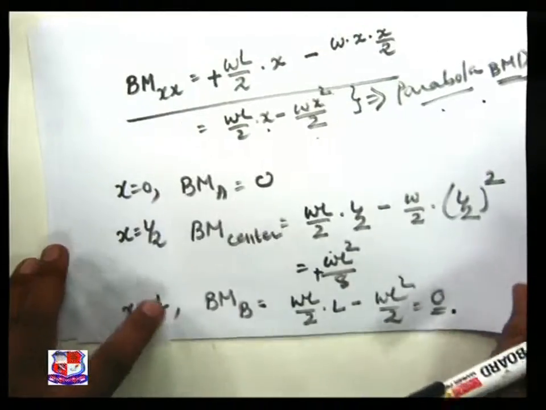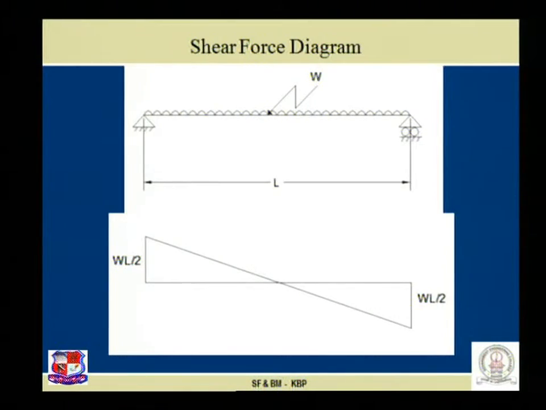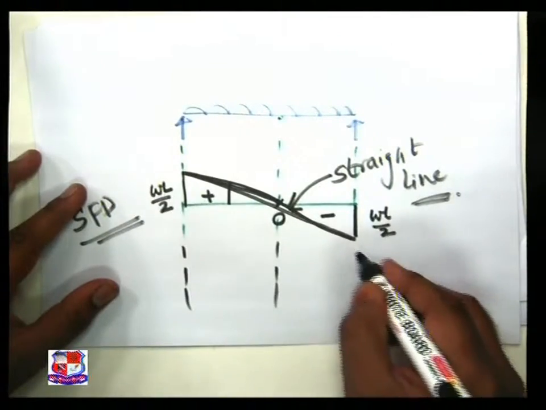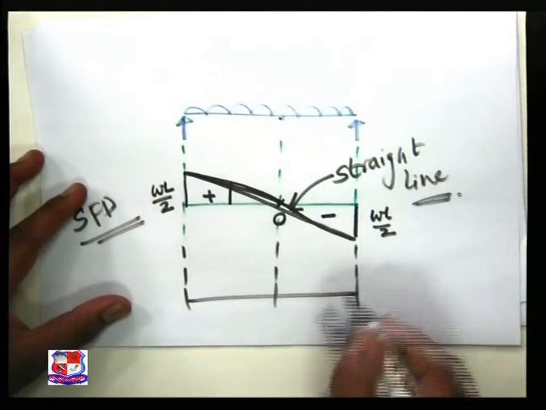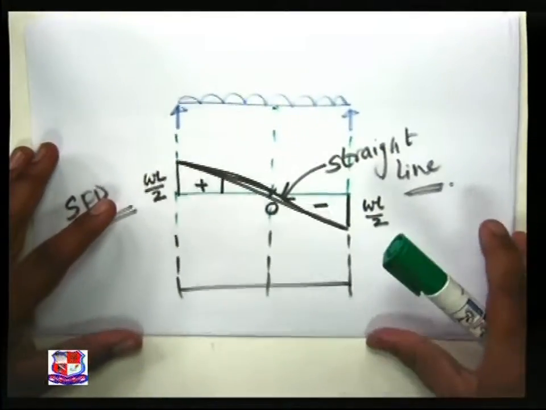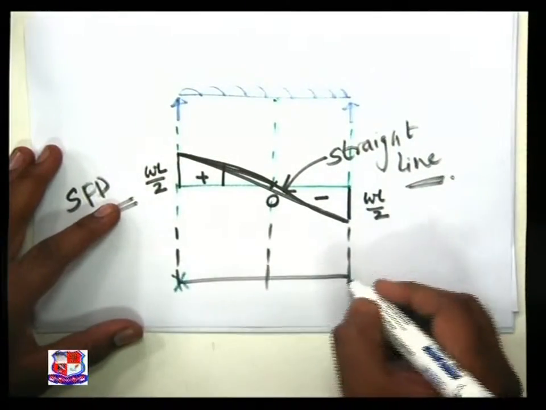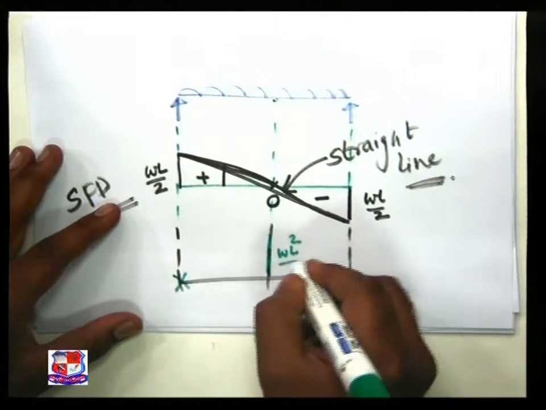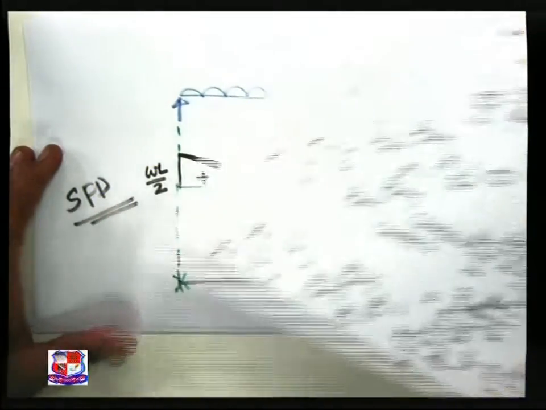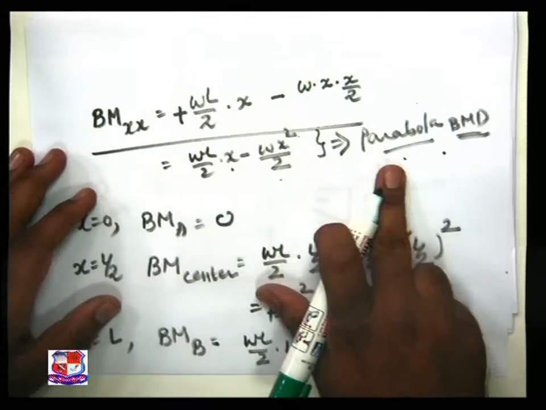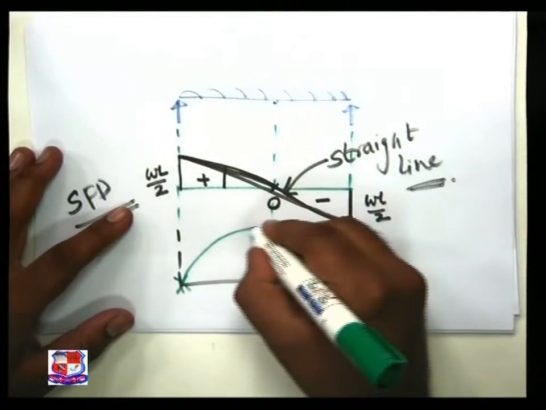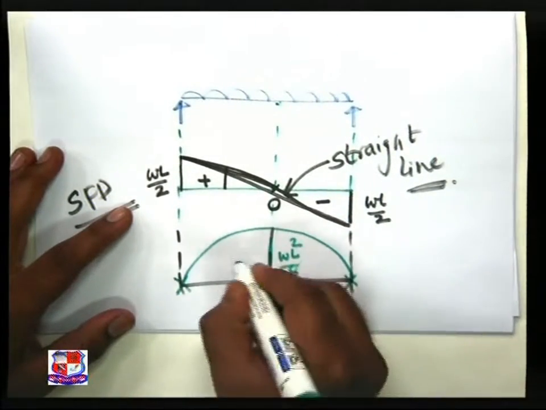Now let us plot the bending moment diagram, variation of BMD over here. See this figure. This is my baseline, and if we plot 0 at the two supports, here the ordinate is maximum, that is WL square by 8, and this equation gives the parabola, plus sign.